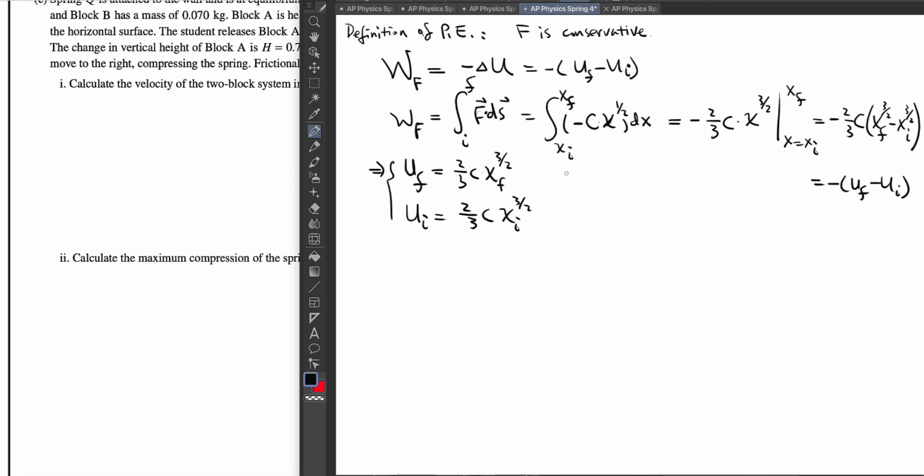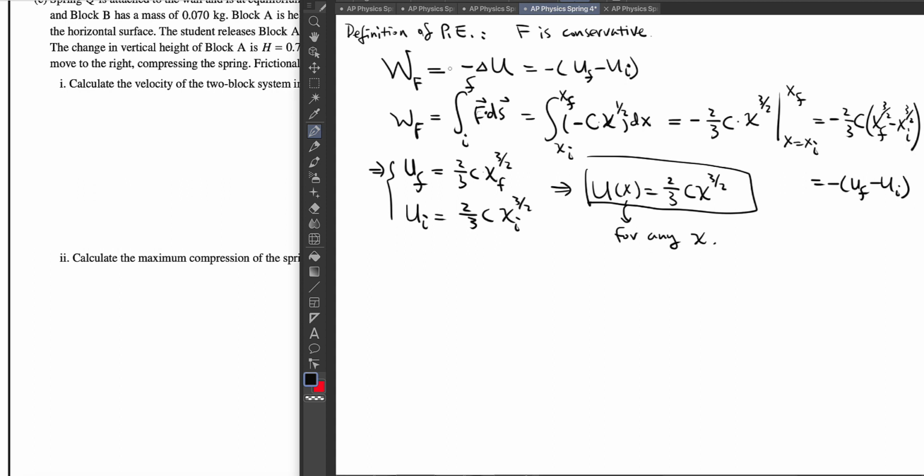Remember, we picked some arbitrary points, xi and x final. So in general, U is a function of x given by 2/3 C x to the power 3/2. That's the expression for potential energy for spring Q. Now for spring P, you can do the same thing, but I assume you already know that from the textbook. Spring P will be the linear relation, U equals 1/2 kx squared.